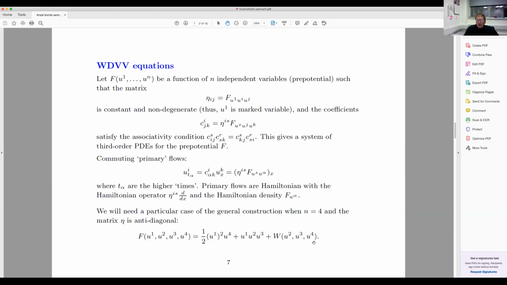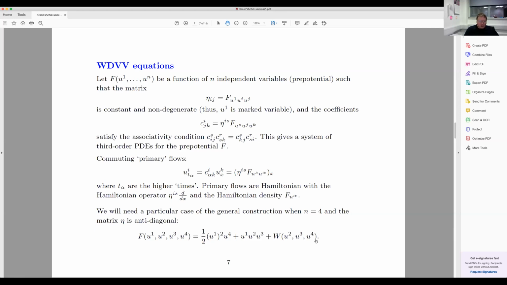So the four-component system will be one of these primary flows corresponding to this prepotential. This is the precise relation. Everything can be written down explicitly. So I will write an explicit formula which takes a Lagrangian density and constructs this function W.